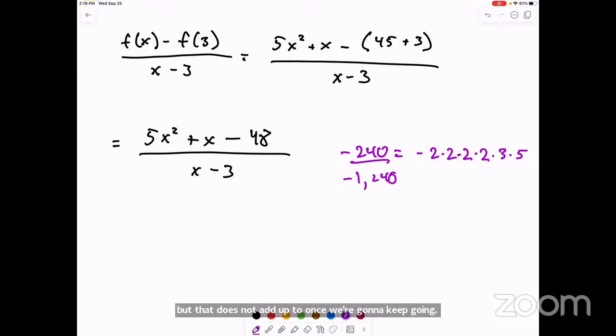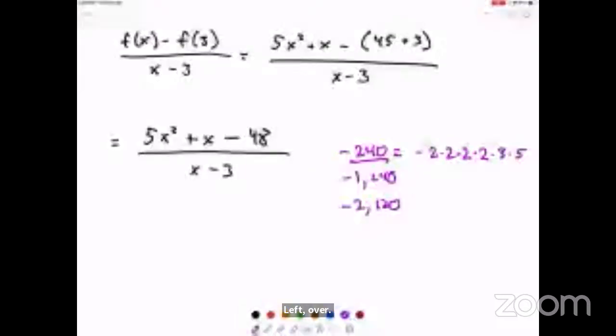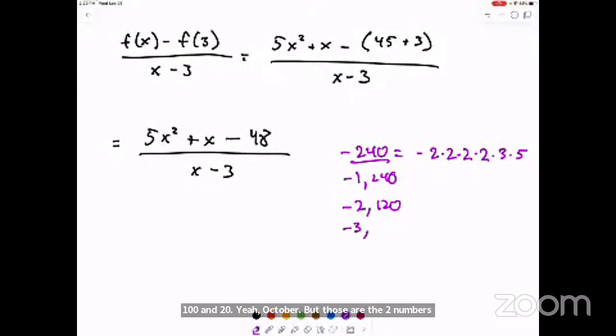So now check this out. If we use a 2, what's left over? 120, yeah, left over, but those are not the two numbers we're looking for. Can we do 3?